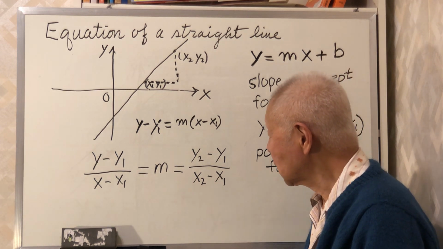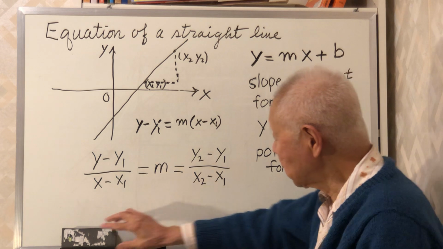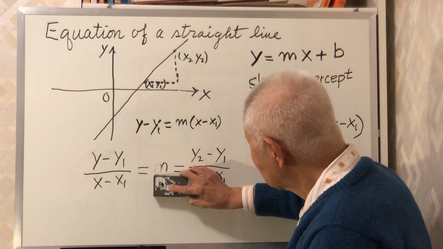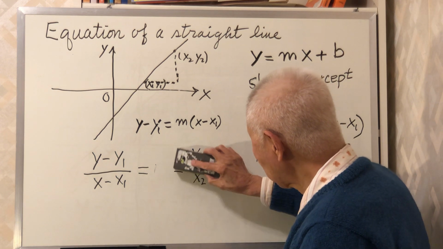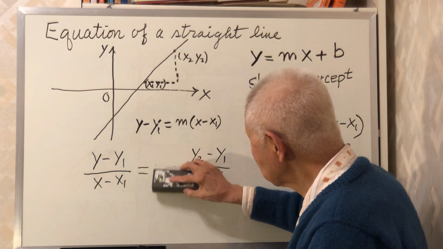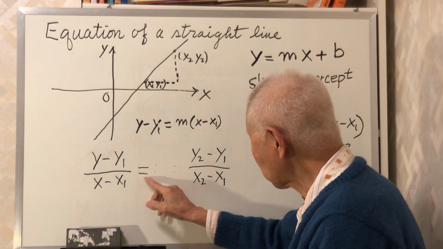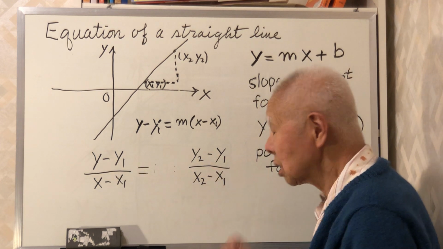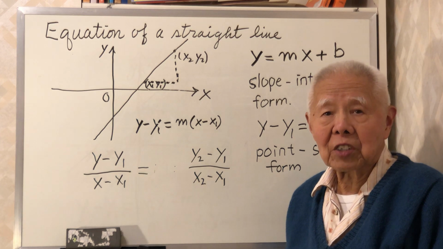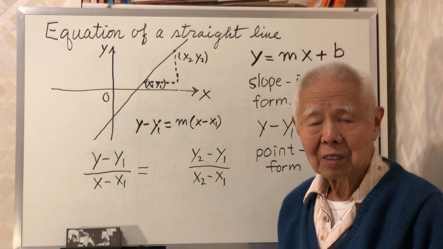So I can erase my m, and just write one equal sign. So this equals that, and this is my equation of the line. See that?